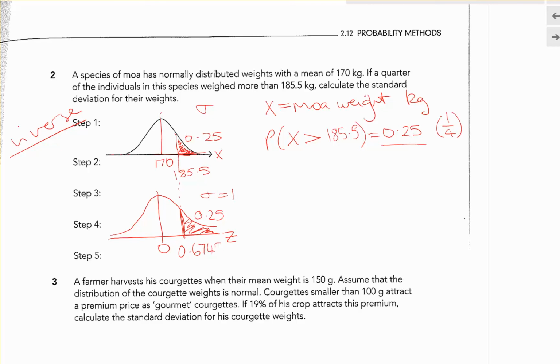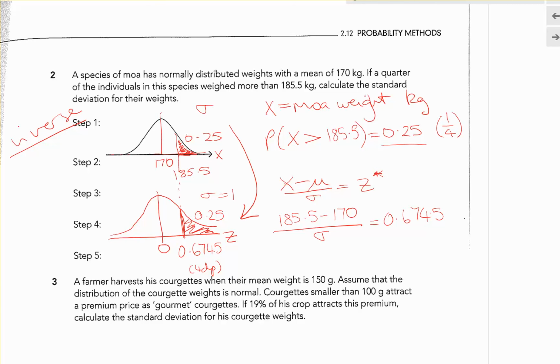That's 0.6745, we'll round to 4 decimal places. Right, so to transform from any normal distribution to the standard normal distribution, we need use of the formula, which is on your formula sheet. The value on the x-curve that I've used was 185.5. The mean was 170. Standard deviation we don't know, and when I did that conversion the value of 185.5 is 0.6745.